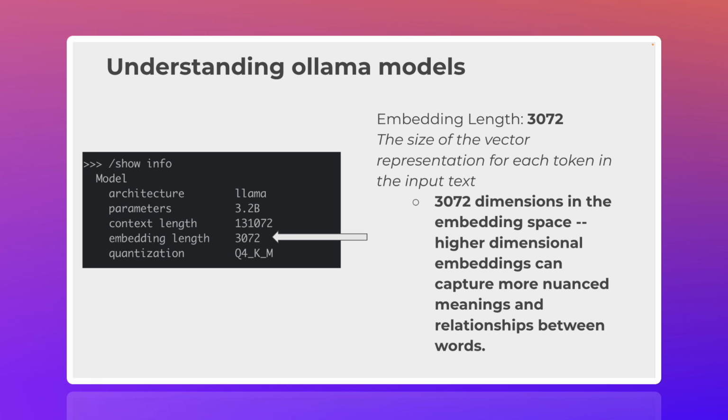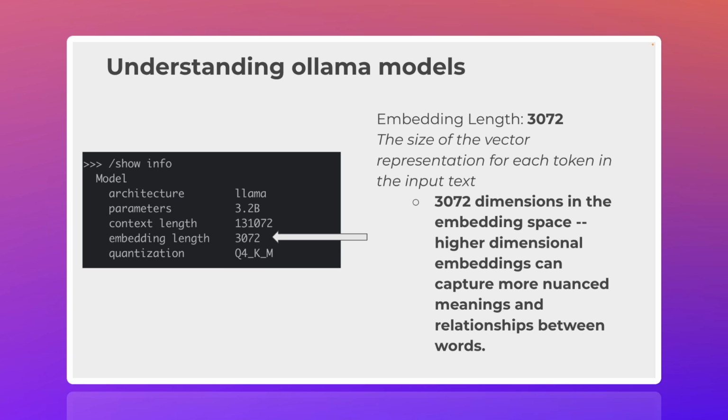When we talk about the embedding length, we're talking about the size of the vector representation for each token in the input text. So when we say 3072, what we're saying is that we have 3072 dimensions in the embedding space. So the larger number, again, the more dimensions we have, which means the more relations you're going to have in this vector space. What does that mean?